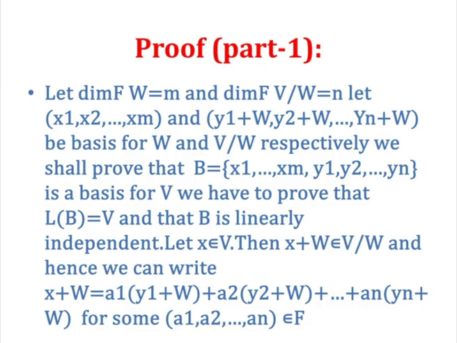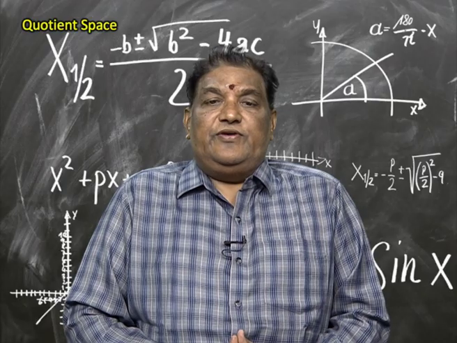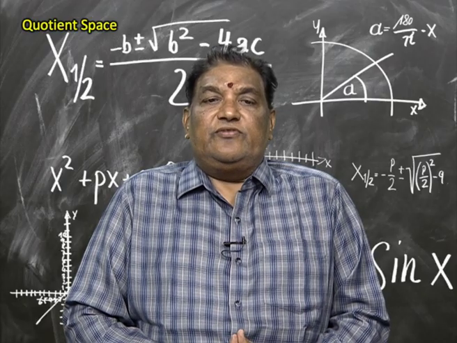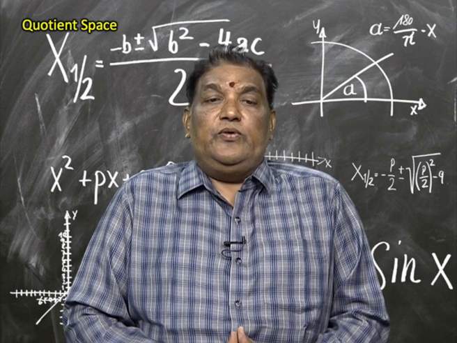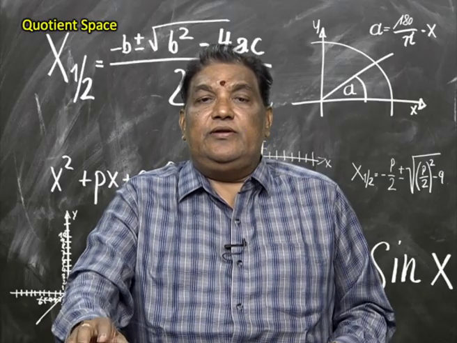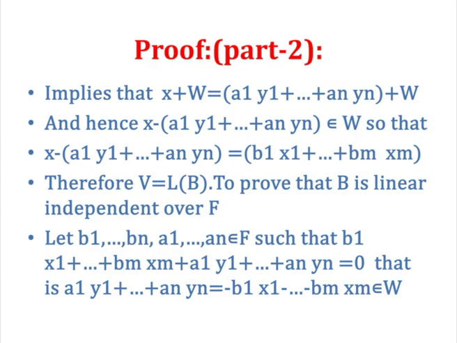Let x belong to V, then x + W belongs to V/W, and hence we can write x + W equal to a1(y1 + W) + a2(y2 + W) and so on, an(yn + W) for some a1, a2, etcetera an belonging to F. Part 2 implies that x + W equal to (a1y1 + so on an yn) + W, and hence x minus (a1y1 + so on an yn) belongs to W. So that x minus (a1y1 + so on an yn) equal to b1x1 + b2x2 etcetera bmxm. Therefore, V equal to L of B.